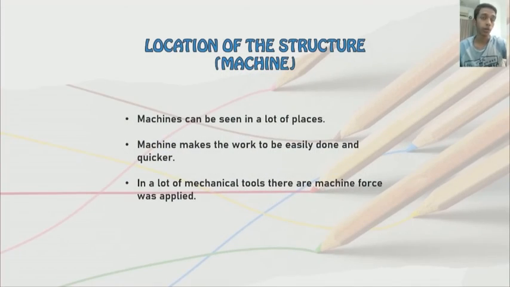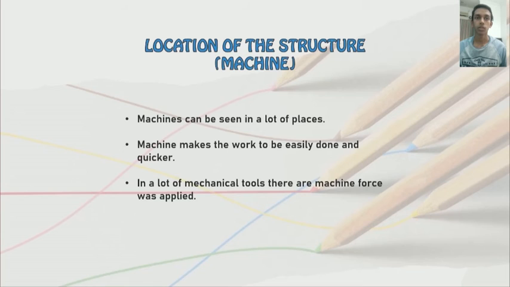Next, we are going to talk about the location of structures for machines. Machines can be seen in a lot of places. A machine tool is a power-driven machine, for example, a lathe, miller, or grinder, that is used for cutting, shaping, and finishing materials. Nowadays, most common machines work with forces generated by electricity.